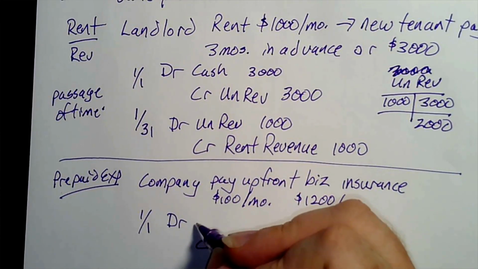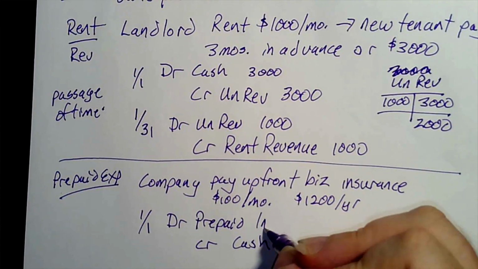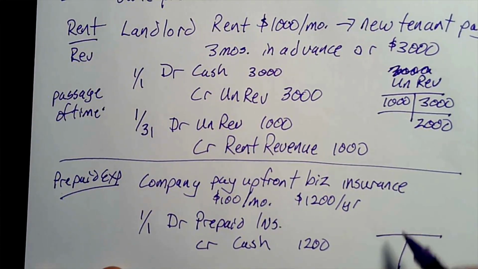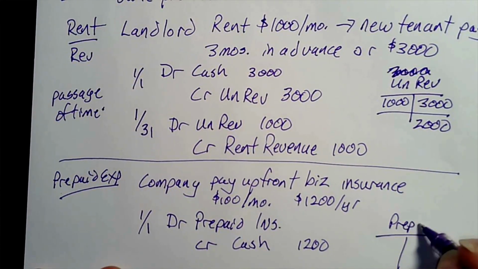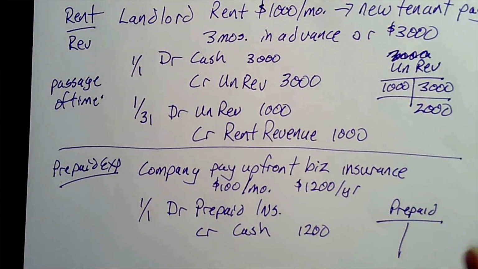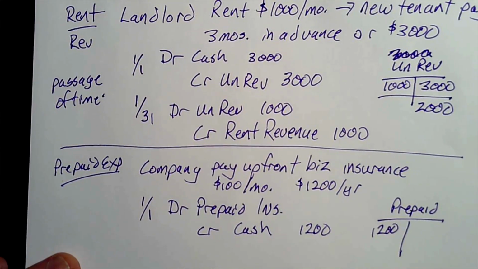What do we call that? We call it prepaid insurance. And prepaid insurance, if we think about this as an account, is an asset because it is something we own. We own the rights to the coverage for the next 12 months. So we're going to put that here as a debit.